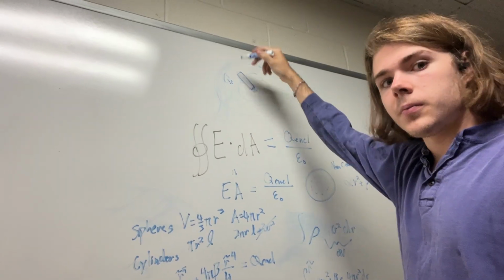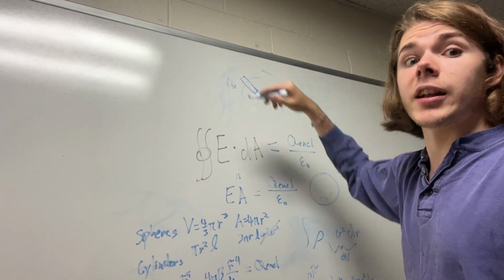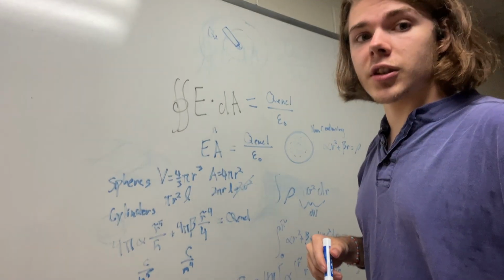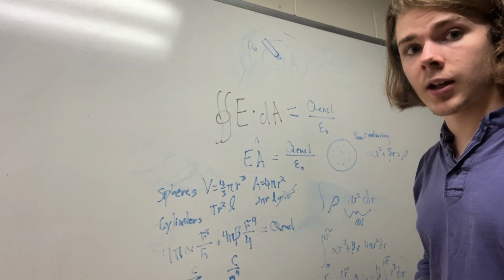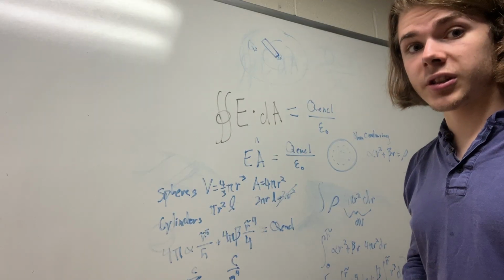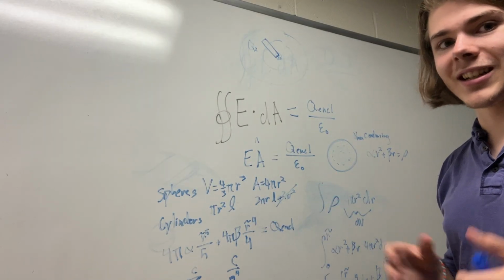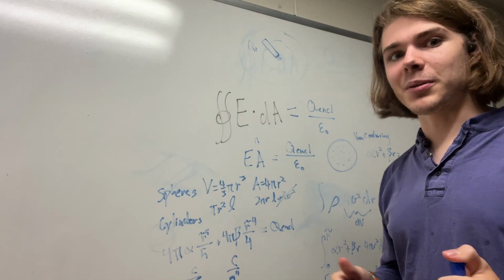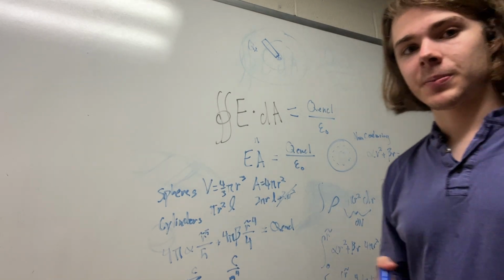What would the total charge enclosed be here, and what would the electric field be? I would encourage you to think about what the electric field has to be first. Then you'll arrive at what the charge enclosed has to be, and that will tell you something fairly interesting about this problem and exactly what's going on. So anyways, have a good one.